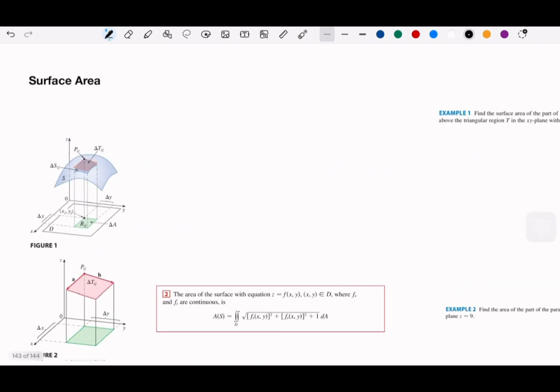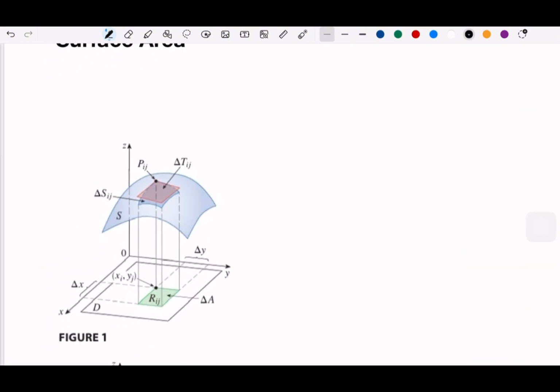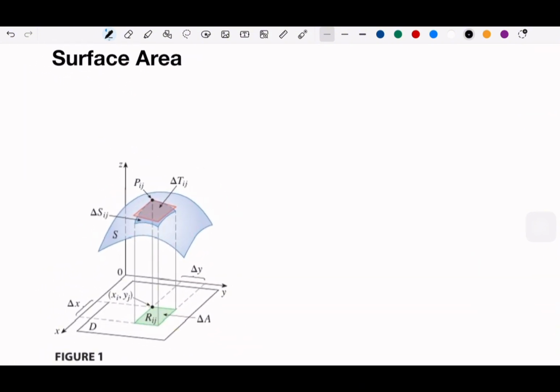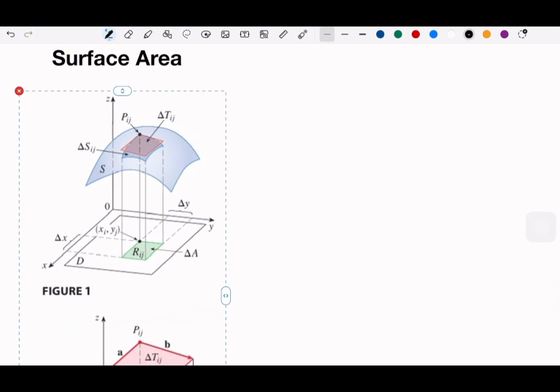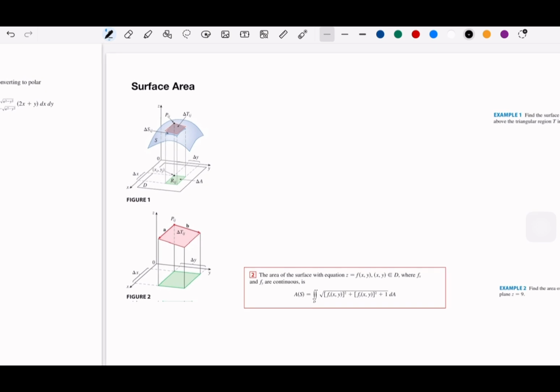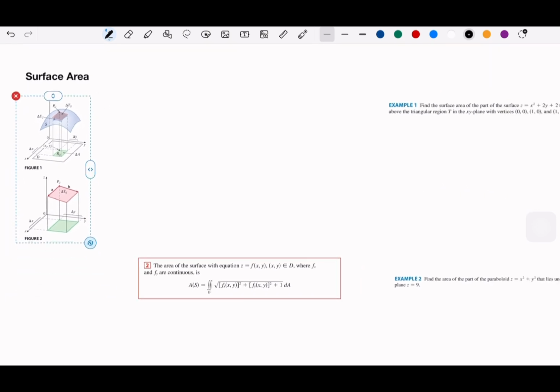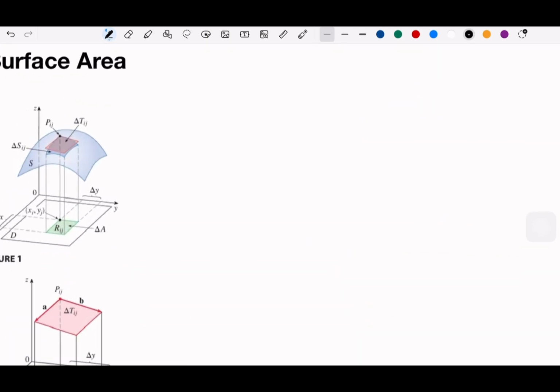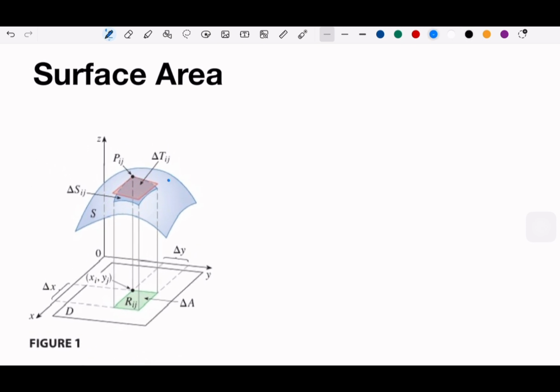Okay, so surface area. What is the expectation, or what is our goal in this surface area? Suppose that this is a surface z equals f of x, y, a function of two variables.